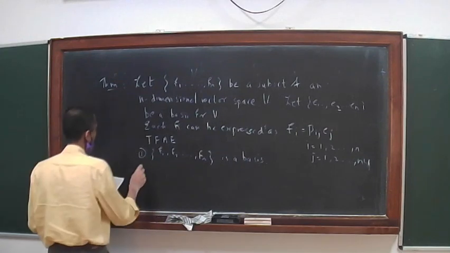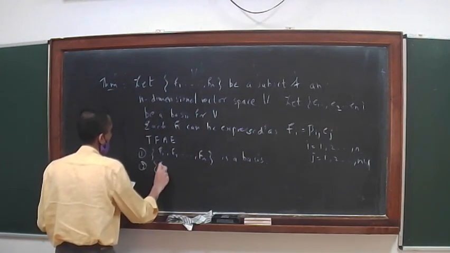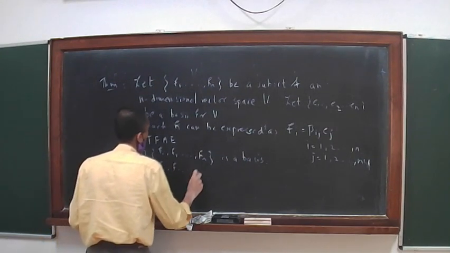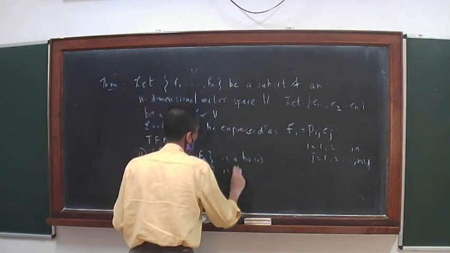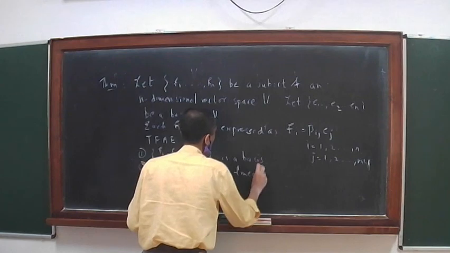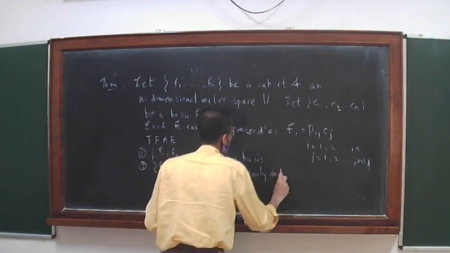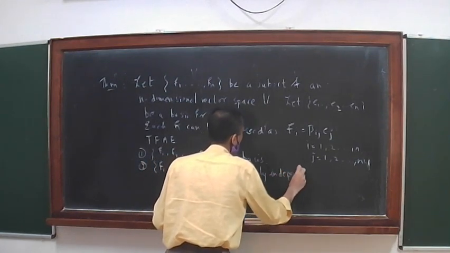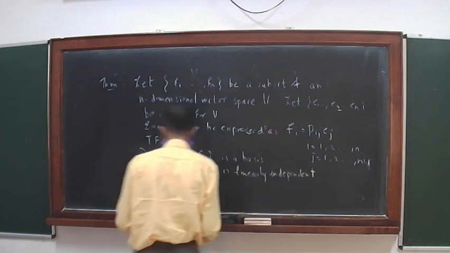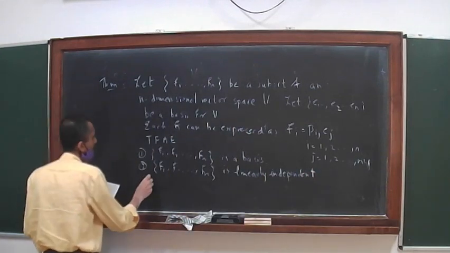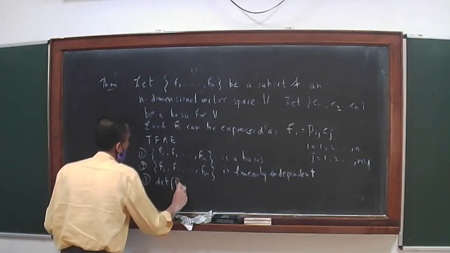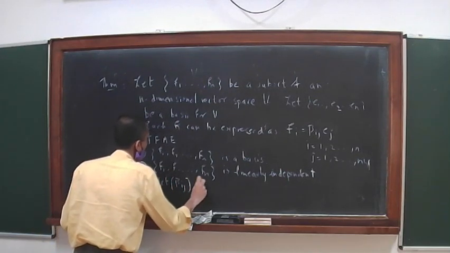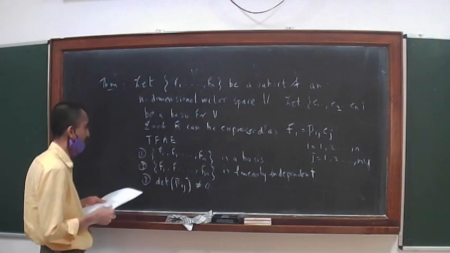Two is that F1, F2, and so on up to Fn is linearly independent. And three is that the determinant of beta ij is not equal to 0. So these are the three.